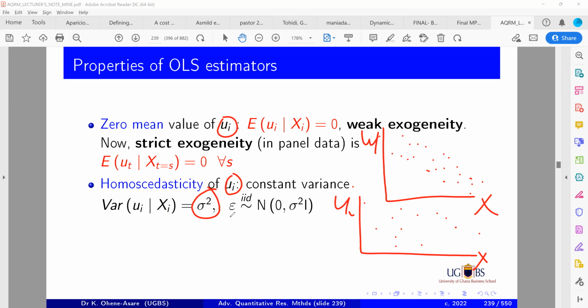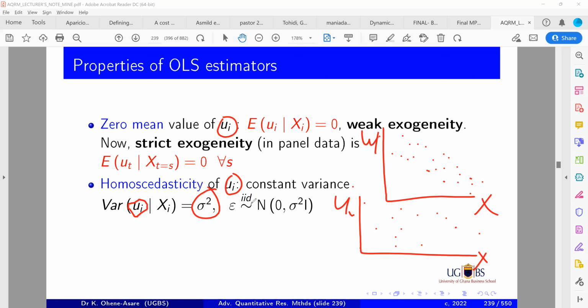Now, the pure mathematical way of writing the first one and the second one is that the error, you see, now I'm using epsilon. Sometimes I'll use u_i, sometimes I'll use epsilon. So epsilon is an independent and identically distributed term. Now IID is an independent and identically distributed term.